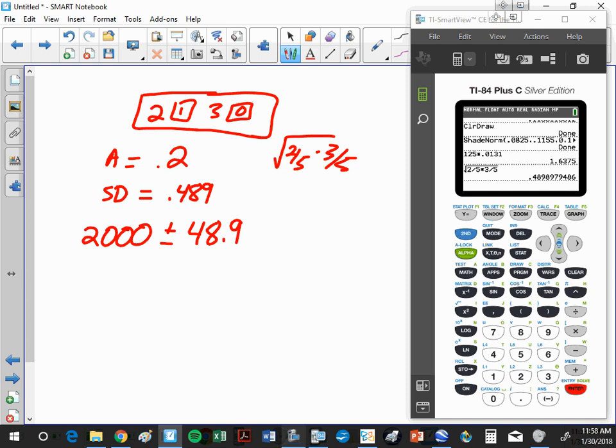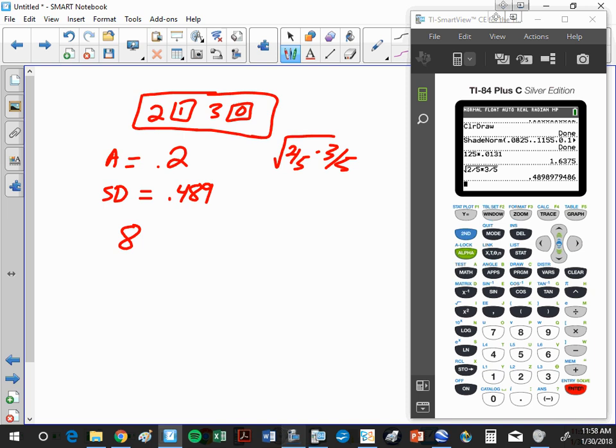Okay, 400 draws are made from the box. What percentage of those draws are expected to contain fewer than 171s? So the expected value is going to be 80. Nope. 0.2 times 400. Well, which box do we use? If we're counting ones, we use this same box, 2 1s and 3 zeros.